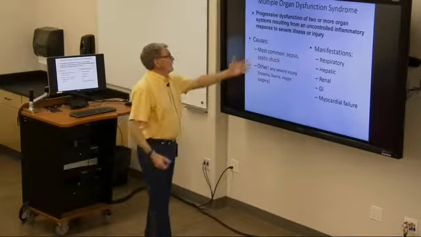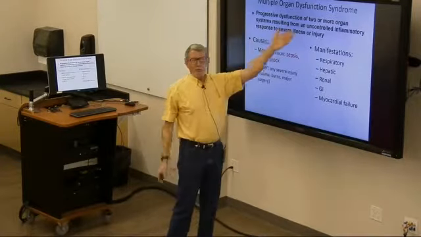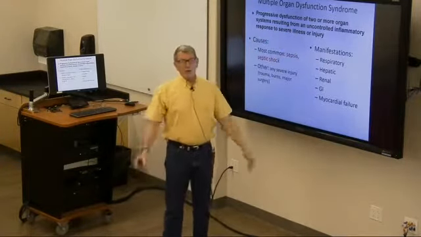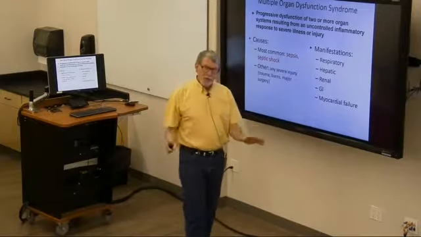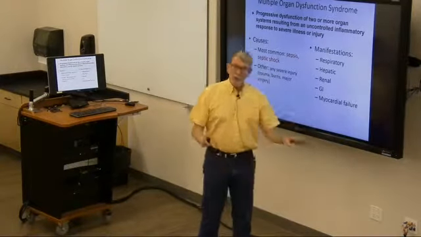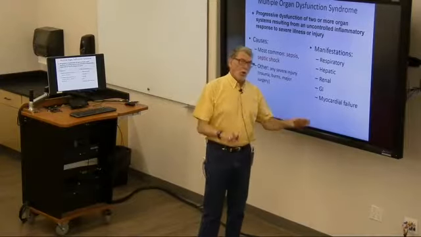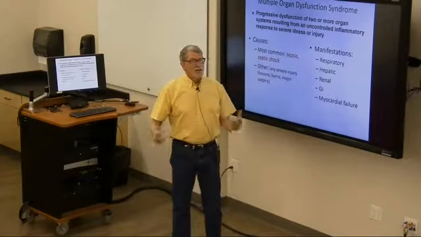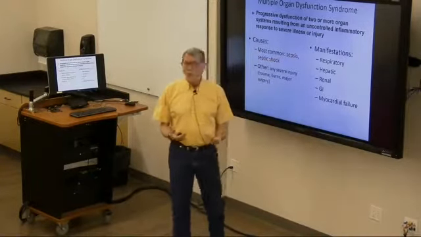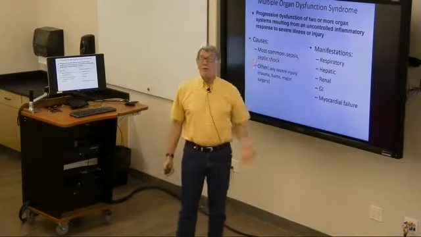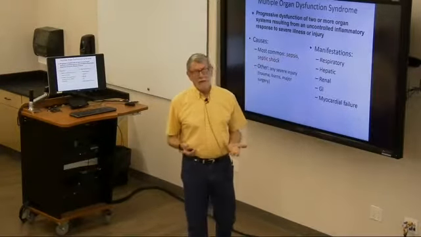And ultimately, multiple organ dysfunction syndrome. All it means is you haven't had enough blood in your organs for too long, they start to die. Kidneys are a main one. I mean, of course, if your brain dies, that's pretty bad.